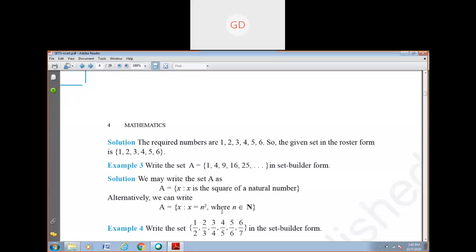After all, about x, that is the elements, it must be well defined after the colon, then close the bracket. So this is the way of set builder form.